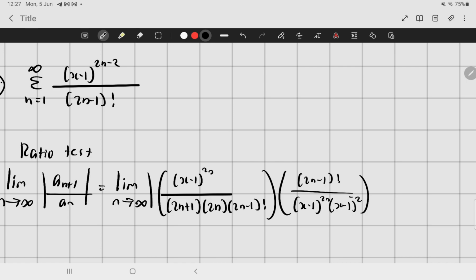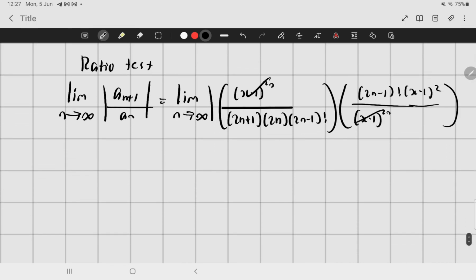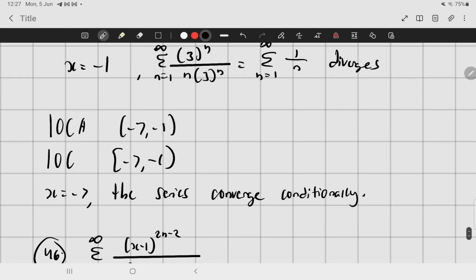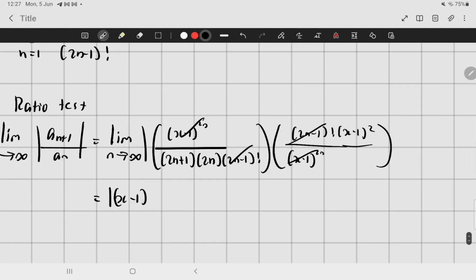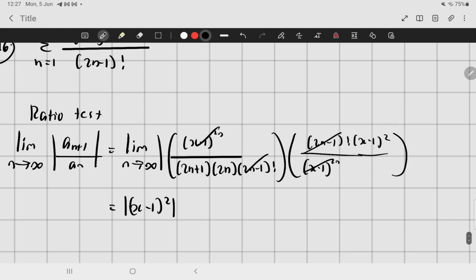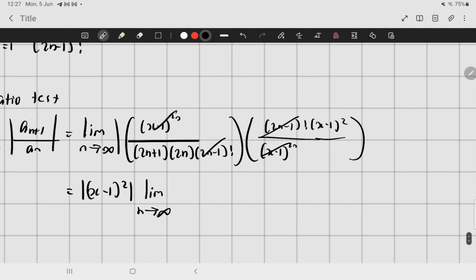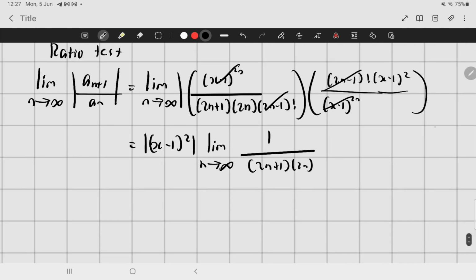Then this power negative 2, I can bring it up, it becomes (x minus 1) to the power 2. Cancel, cancel, cancel. So we are left with the absolute value of (x minus 1) squared, and the limit as n approaches infinity of 1 divided by (2n plus 1)(2n). So this approaches 0, and this entire thing approaching 0 is less than 1.